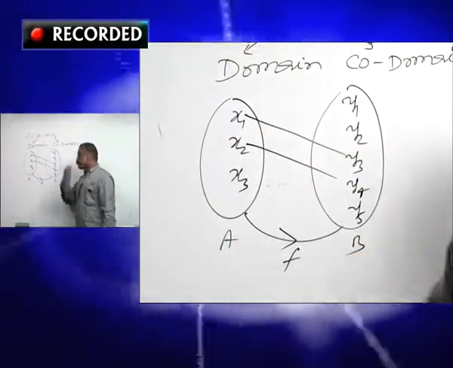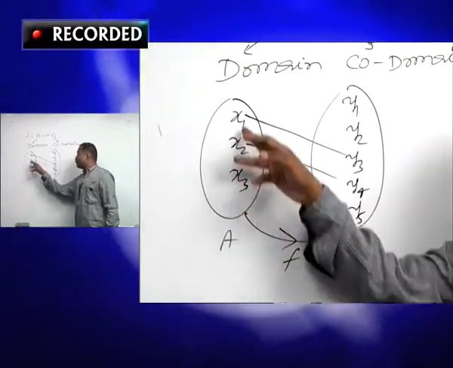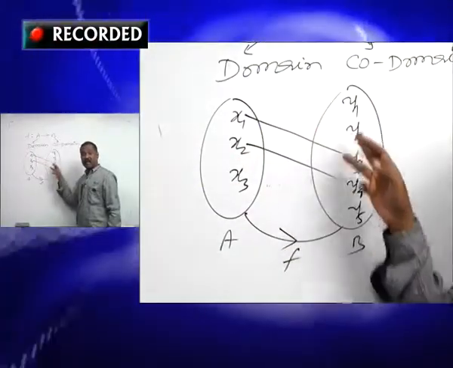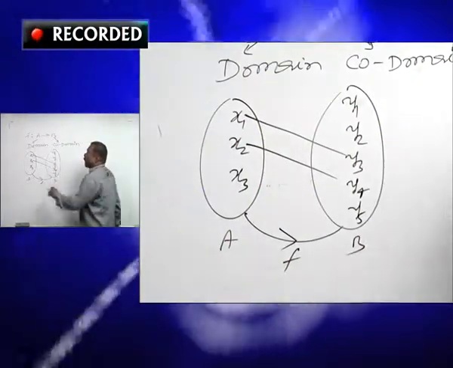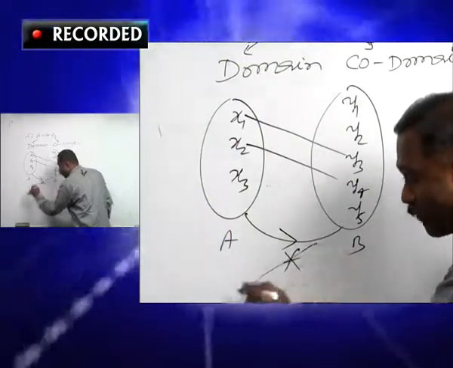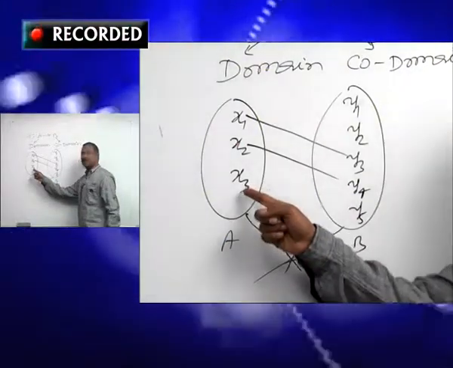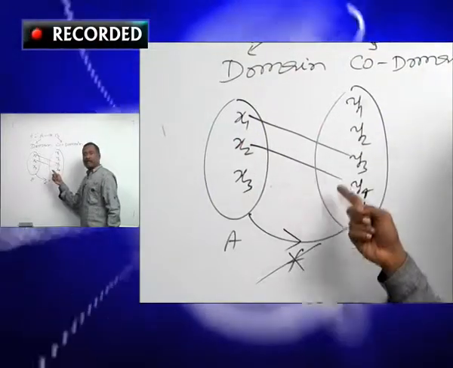So, understand, every element of domain must have exactly one and only one association with the set B, and this is not a function. That's what I'm explaining. If any element is left without association, then it is not a function.